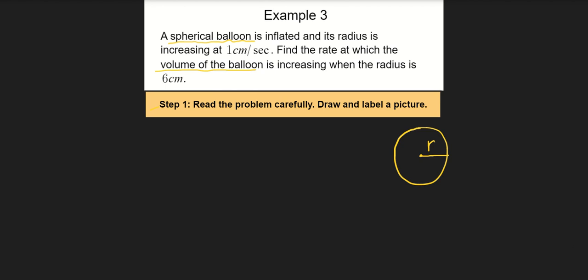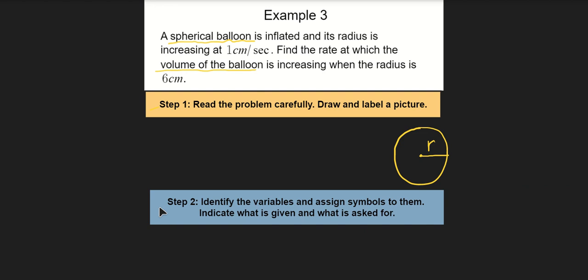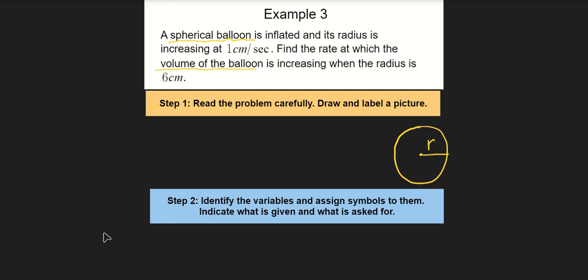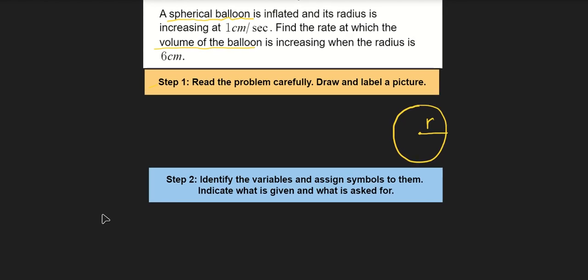Now let's go to the second step of the problem. In this second step, we have to identify the variables and assign symbols to those variables. So let me just move it a little bit up. The variables, as you know, we are talking about the volume of a sphere, and we can see that one variable is the radius r, and it is given that the radius is 6 centimeters, so I'm going to take r as 6 centimeters.